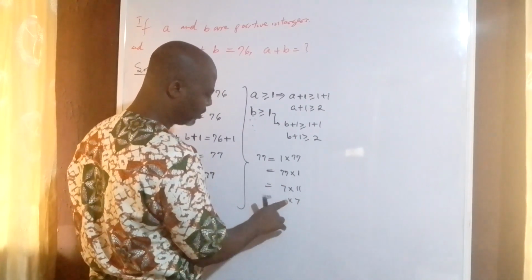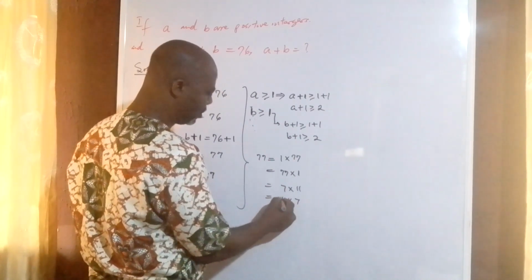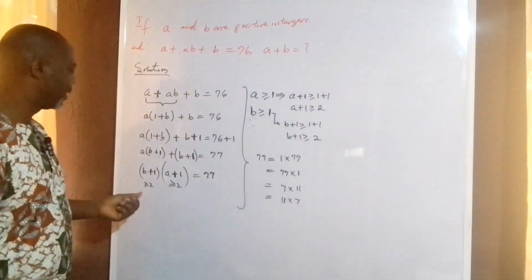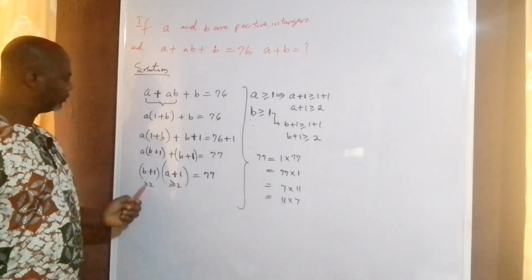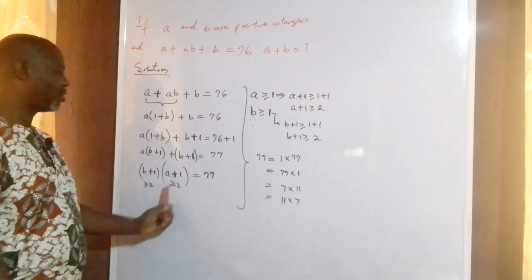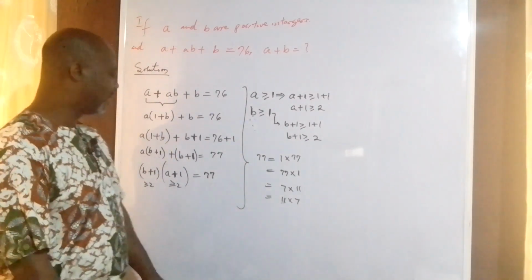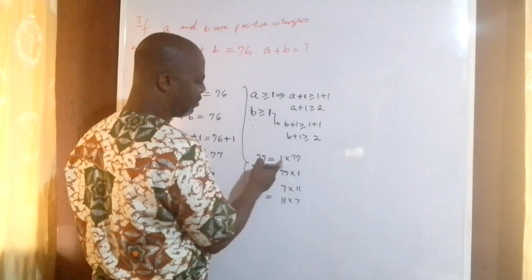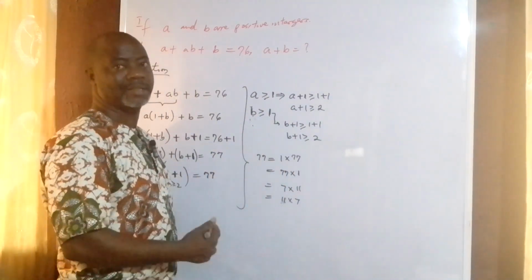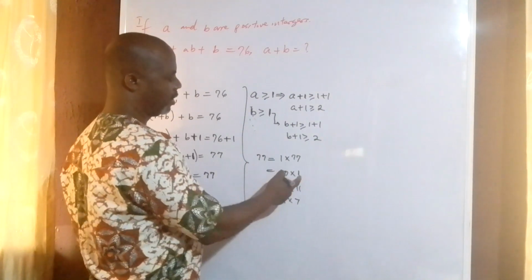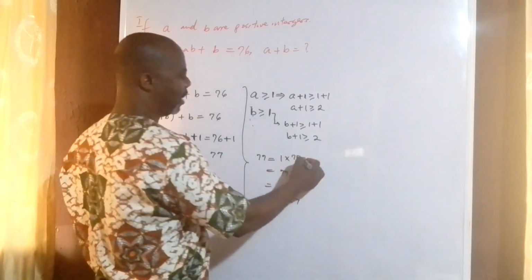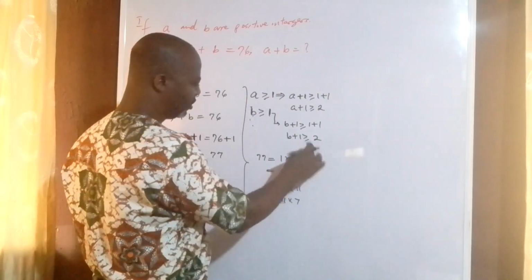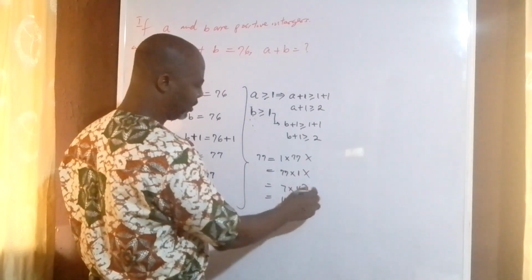Please don't forget that the two factors are both greater than or equal to 2. Since that is the case, the factor 1 is less than 2, and that will rule out these two, and then we just concentrate on these ones.